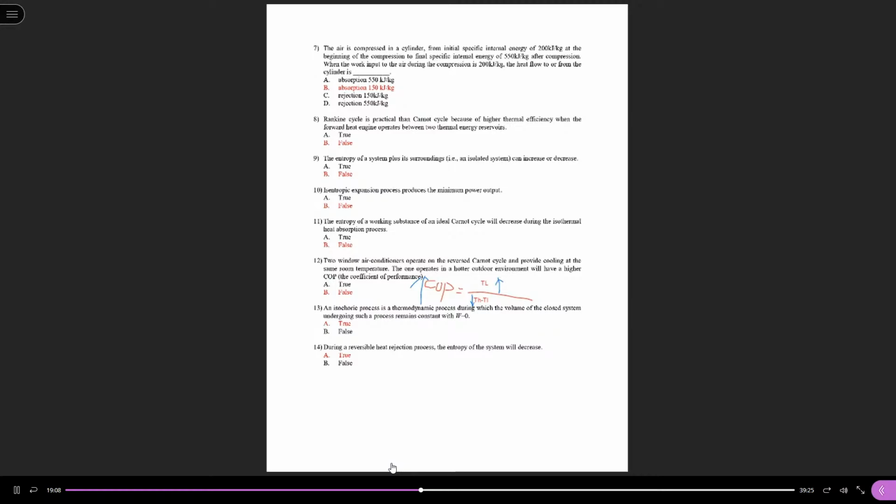If it's higher, we can see the COP value will decrease. That's the reason even for our home air conditioner, we should place the outdoor unit in a shadow place or with good ventilation. Otherwise, if the surrounding air temperature is too hot, then the performance of our air conditioner will be worse. Do you think you understand this question, Ji Chen?